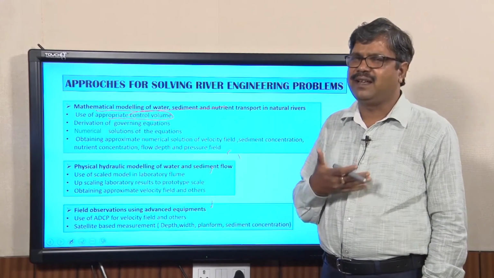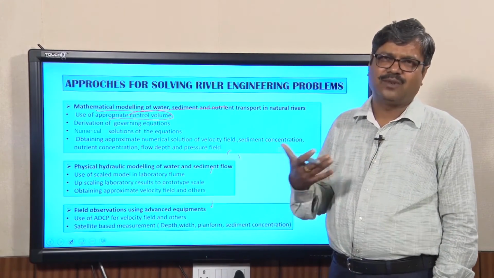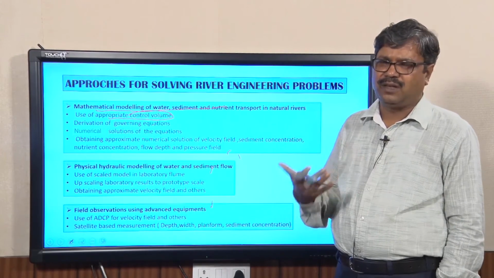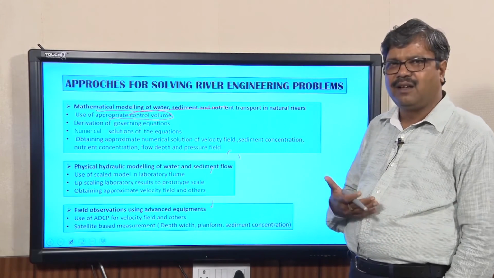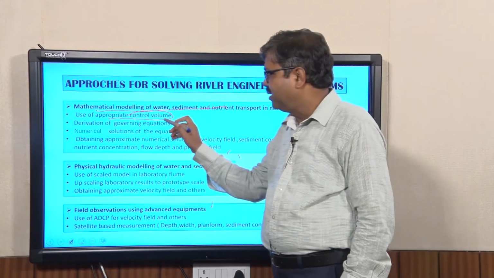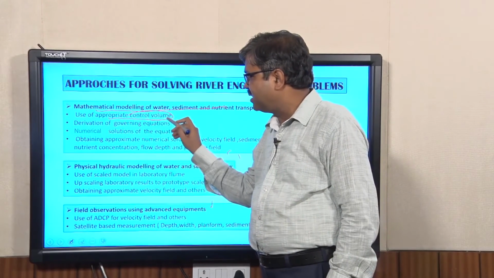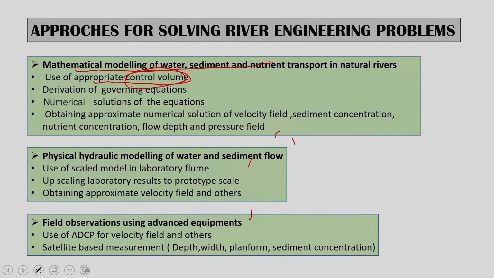These are in any fluid mechanics book, as well as in the YouTube materials on fluid mechanics by me, emphasizing how to choose an appropriate control volume so that you can solve the fluid mechanics problems.